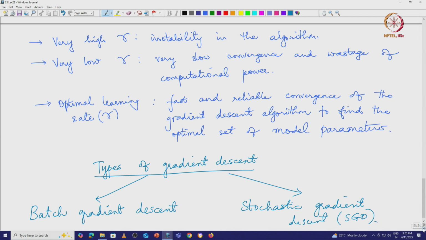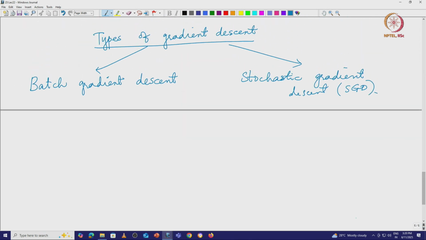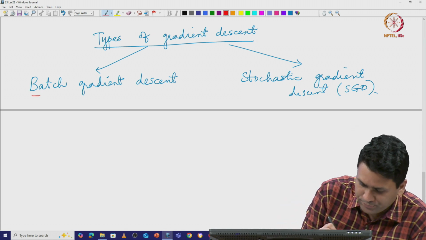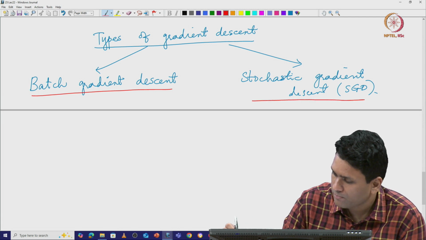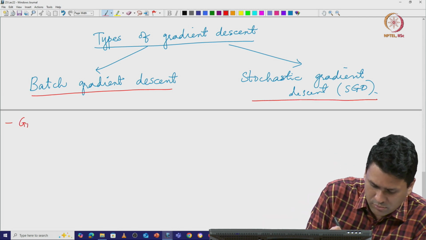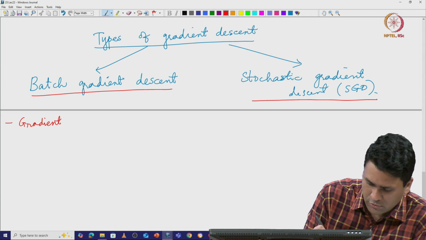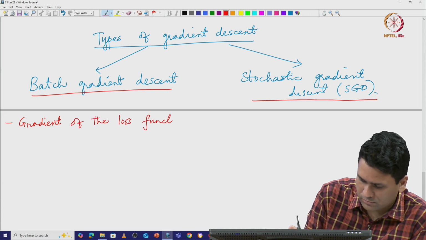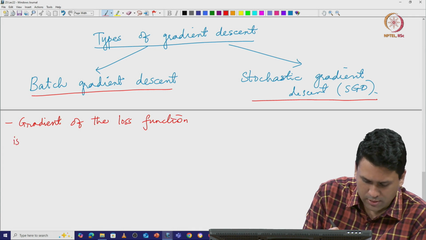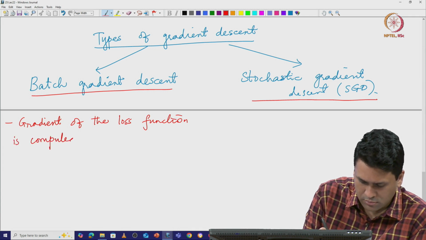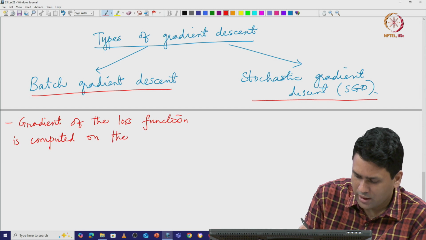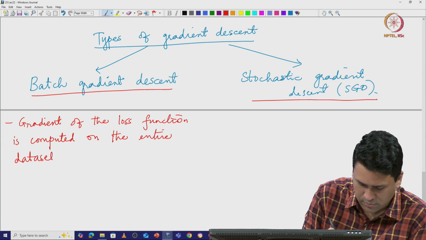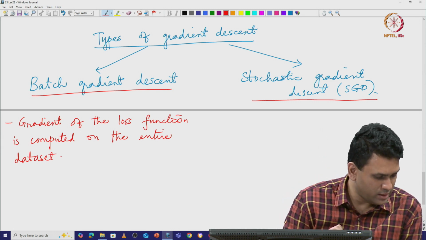Okay. So what's the difference between these two? The difference is that in batch gradient descent, the gradient of the loss function is computed on the entire data set. What do we mean by this?